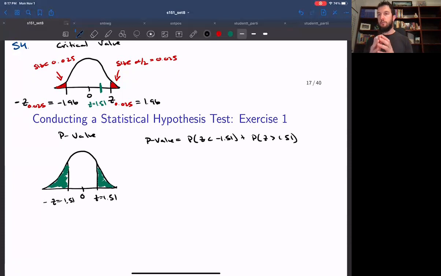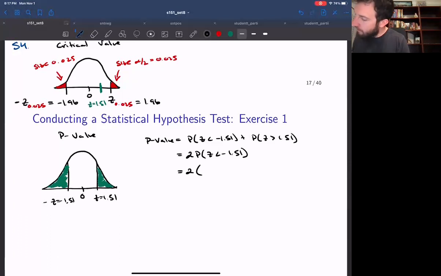Because the standard normal table is symmetric, this is equivalent to 2 times the probability that z is less than negative 1.51. It's also equivalent to 2 times the probability that z is bigger than 1.51.